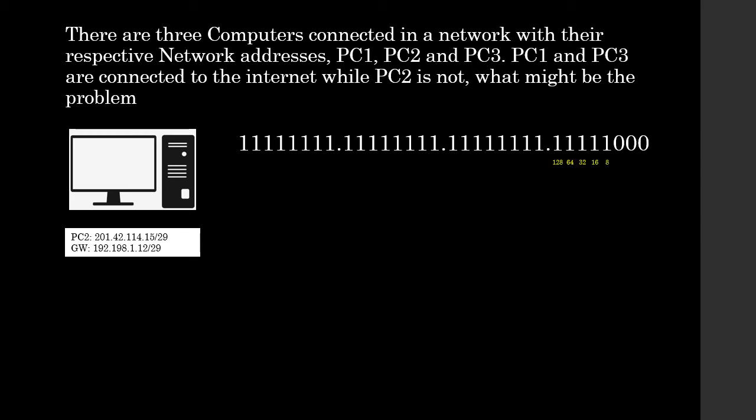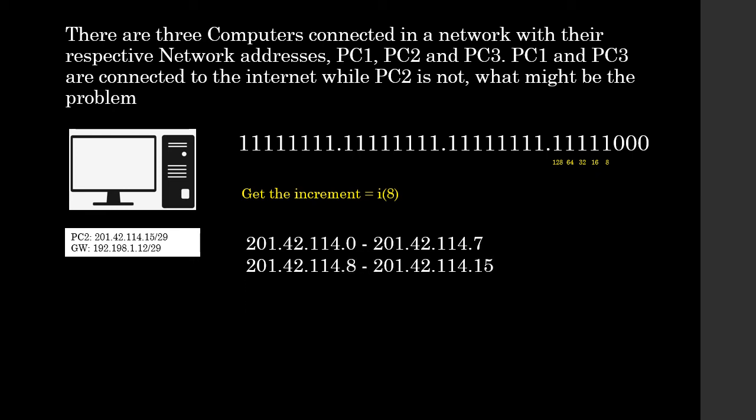At dahil doon, makikita natin na ang increment ay 8. So ito ang mga succeeding ranges niya. 201.42.114.0 up to 7 and 201.42.114.8 up to 15 and 201.42.114.16 to 23.